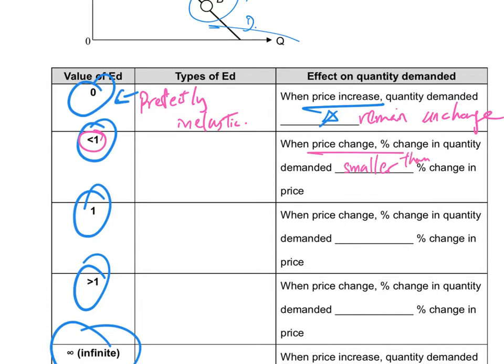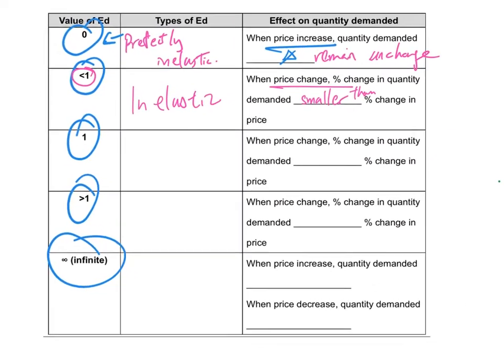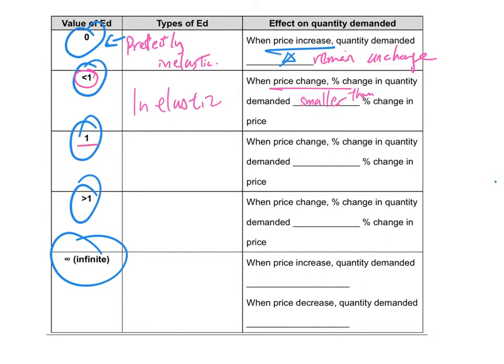So this kind of elasticity, we call that inelastic demand. If the value is 1, that means when the price changes, the quantity demanded changes, and the change is equal to the percentage change in price. So this kind of ED, we call that unitary elastic.